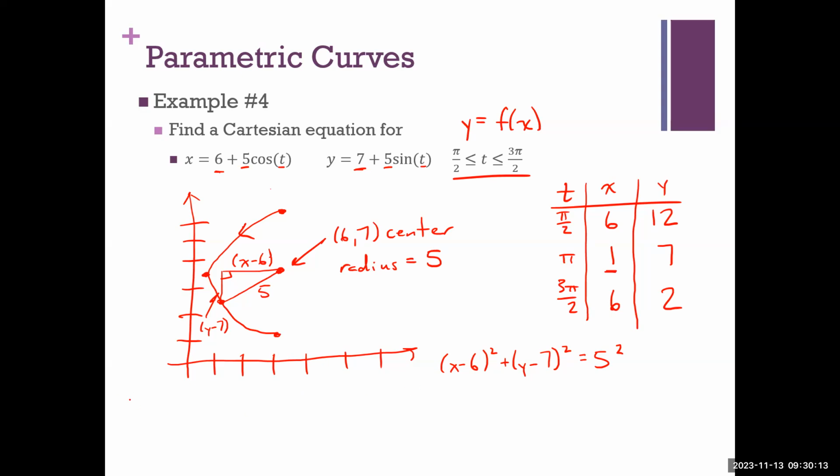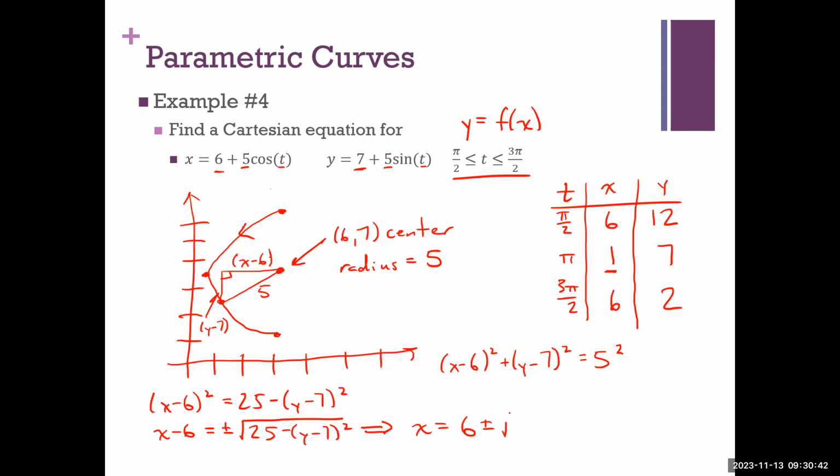If I start manipulating stuff, I get x minus 6 squared equals 25 minus y minus 7 squared. x minus 6 equals, well, I took a square root, so I better do plus or minus the square root of 25 minus y minus 7 squared. And then x equals 6 plus or minus the square root of 25 minus y minus 7 squared.